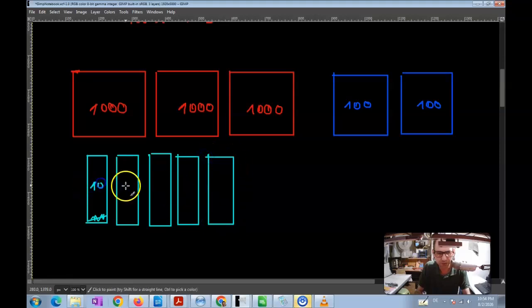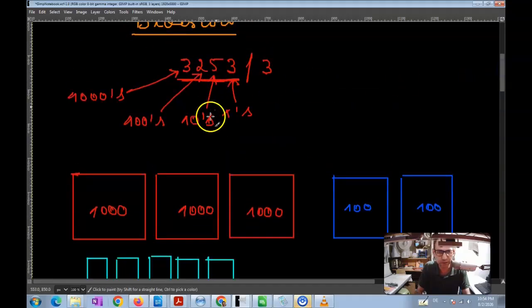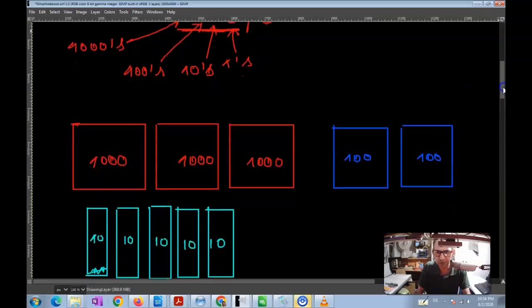So these are groups of 10, right? I have 5 groups of 10 here, and 3 ones. The 3 ones would be 3 loose pebbles that you cannot group otherwise, right?